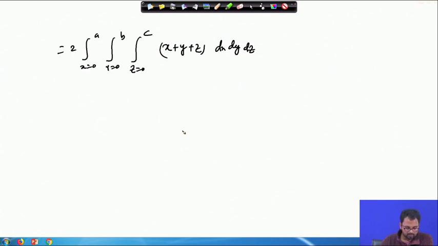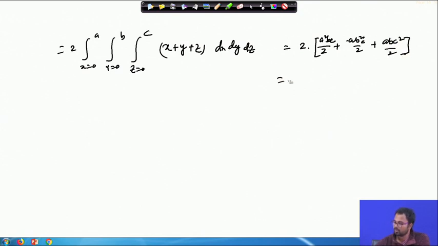All right. And then we integrate first with respect to x, then with respect to y and then with respect to z. So, it is a fairly easy thing to do, and therefore this will ultimately give you 2 times (a square b by 2, a b square by 2, plus a b c square by 2 and so on).